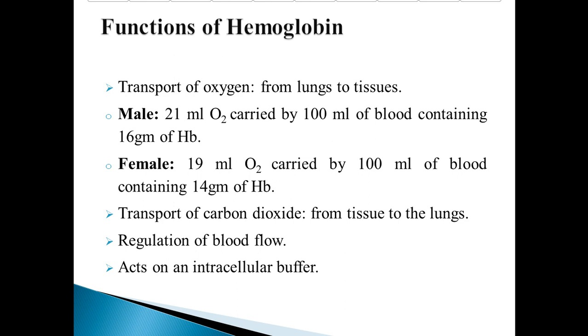As you know, in males there is more hemoglobin as compared to females. And there is transport of carbon dioxide from tissues to lungs, regulation of blood flow, and it acts as an intracellular buffer. So these are the very important functions of hemoglobin.